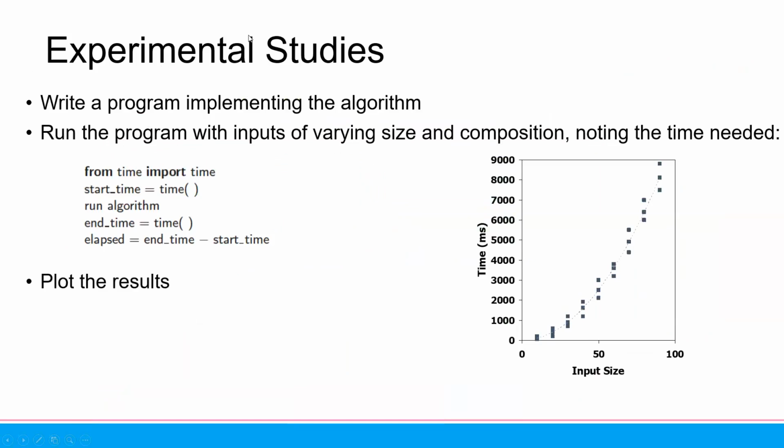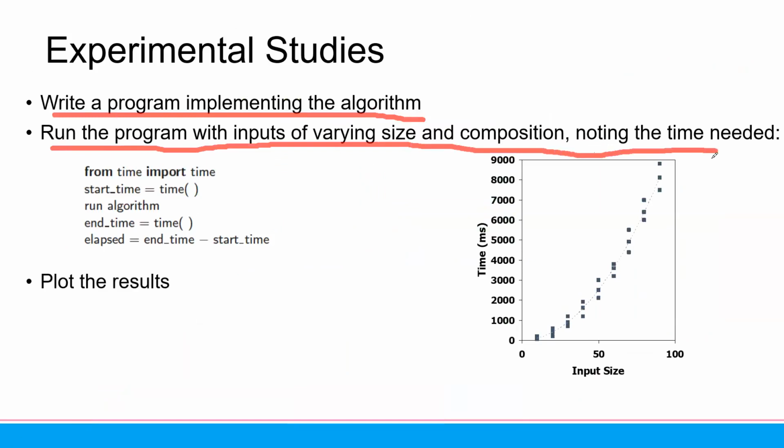For the experimental studies, we can write a program and implement the algorithm, and we can run the program with inputs of varying size and composition. We want to note the time needed to run that algorithm.